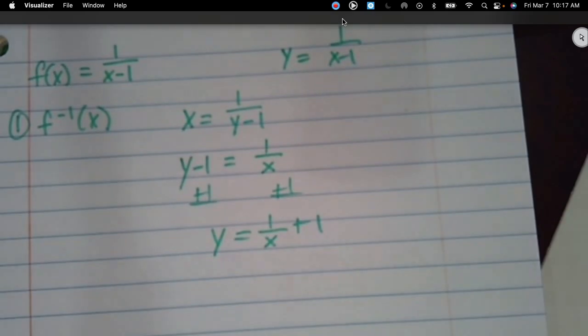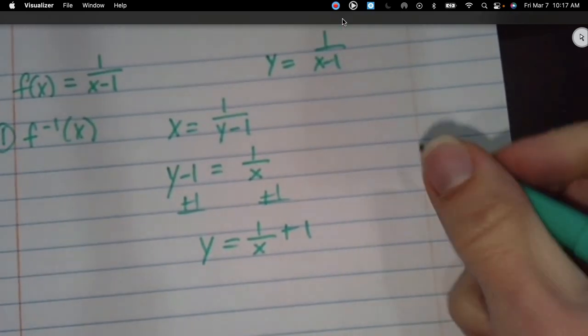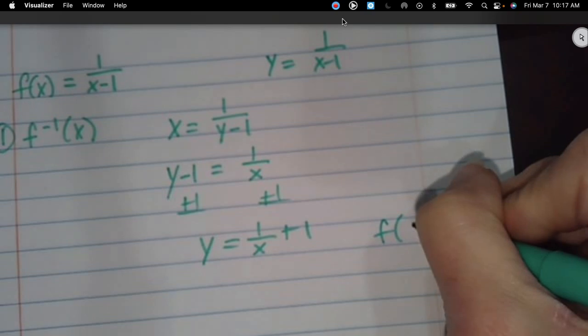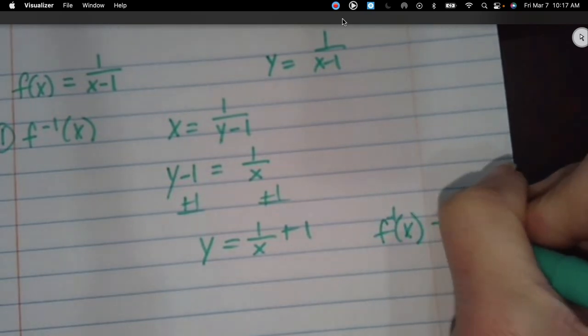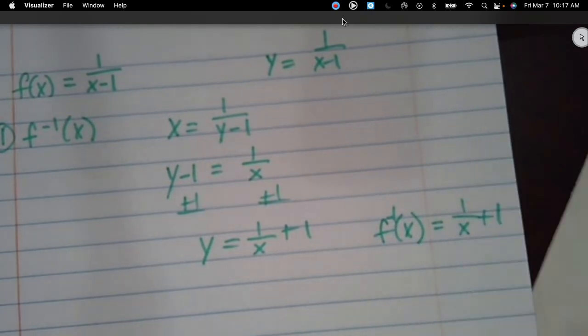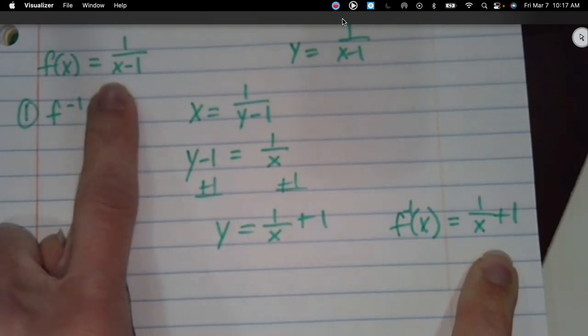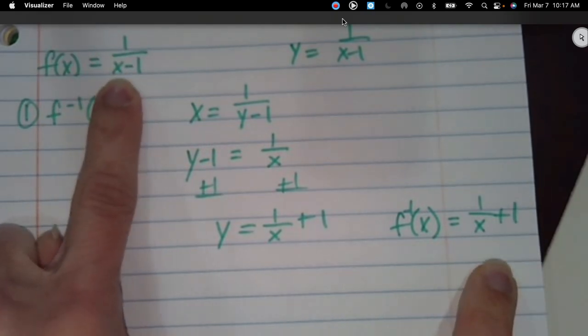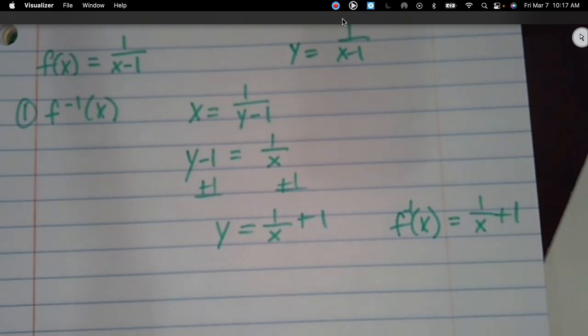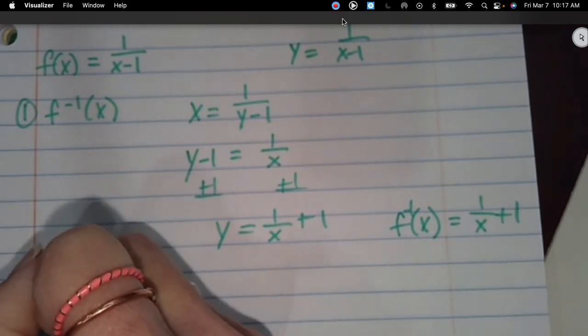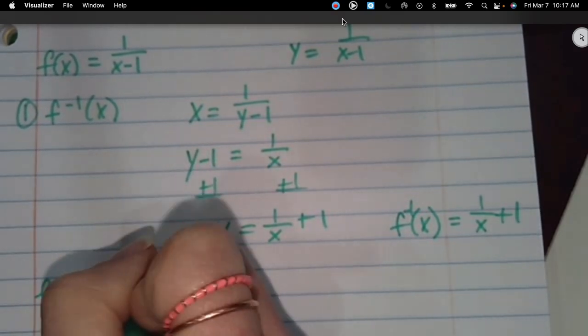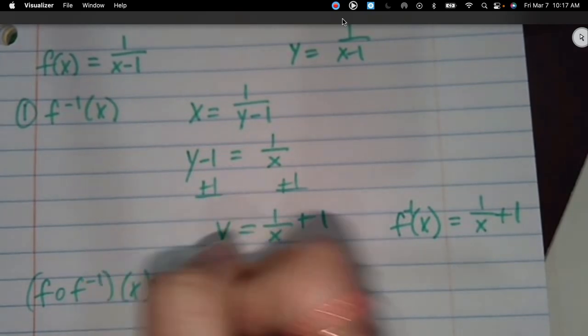Now the second thing. Here I'm going to write my inverse function: 1 over x plus 1. My first function is this. Is everybody okay with this? Here's my function. Here's my answer for my inverse. That's what I found. Now, here's problem 2 on my page. It wants me to find, welcome to 2 lessons ago, f of f inverse of x.